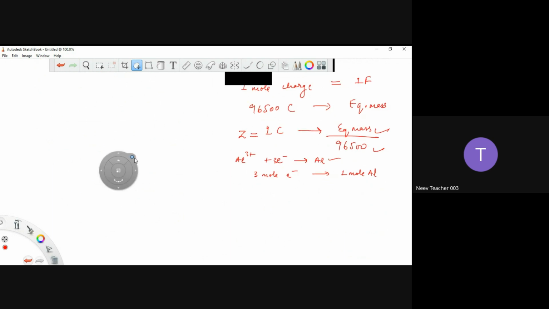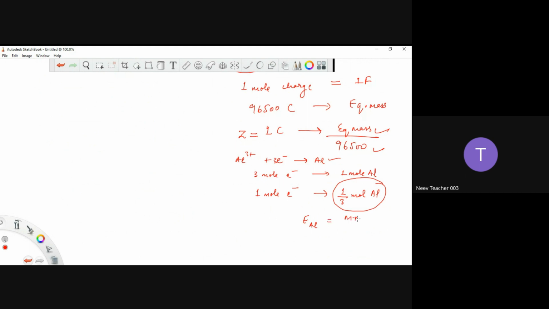Now, how much aluminum will deposit if 1 mole of electrons passes? You will say, sir, 1 by 3 mole of aluminum will deposit. What is this 1 by 3 mole of aluminum? That is the equivalent weight. The equivalent weight of aluminum is the molecular mass of aluminum divided by 3.